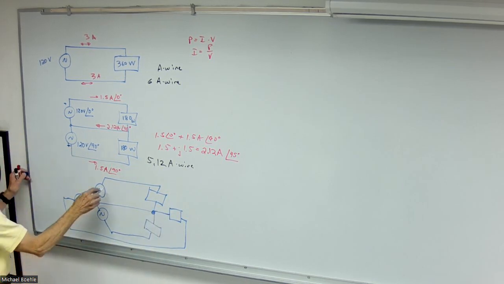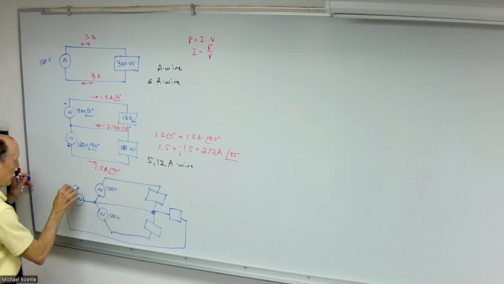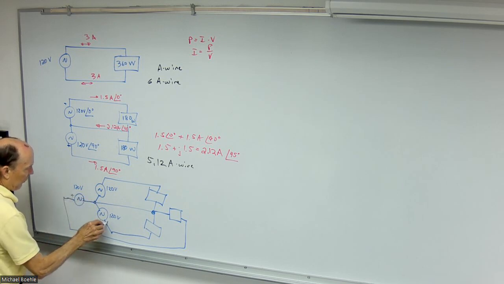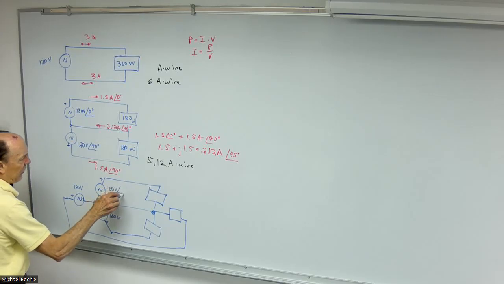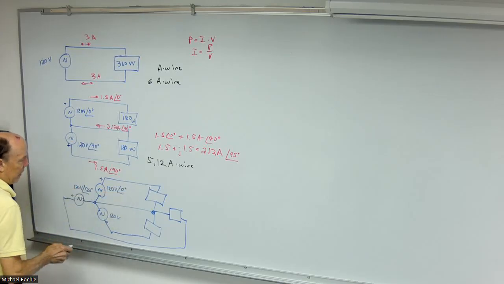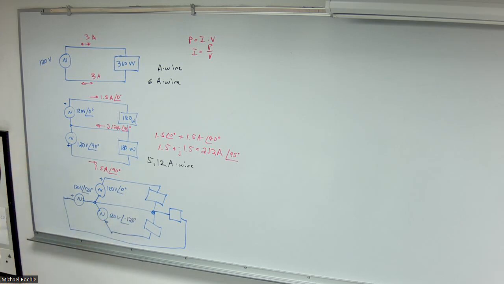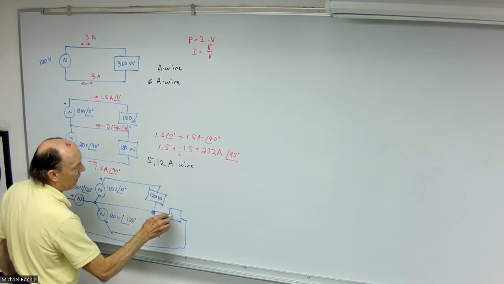All right, so each of these is again 120 volts. We'll go ahead and use that as a reference. So I'll keep my reference right here. This is at 0 degrees. This one is at 120 degrees. This one is at negative 120 degrees. Because there are 3 separate loads, I still want to deliver a total of 360 watts. So each of these will be 120 watts.